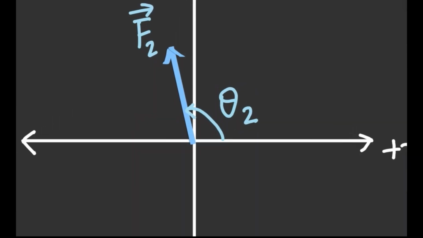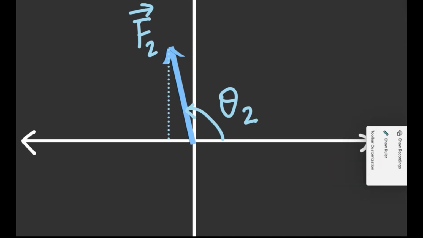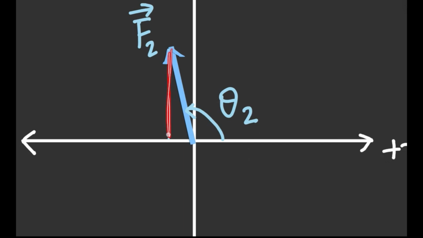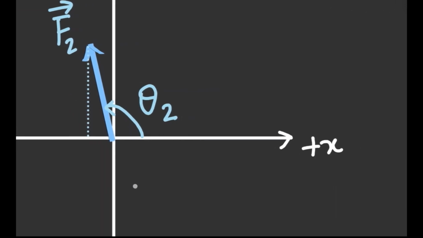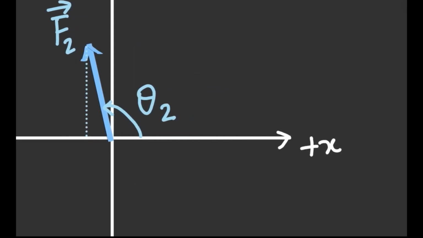To figure out the x and the y components of the force vector F2, drop a perpendicular from the tip of F2 onto the x-axis. So this distance over here is going to be F2y. And this distance over here is F2x.